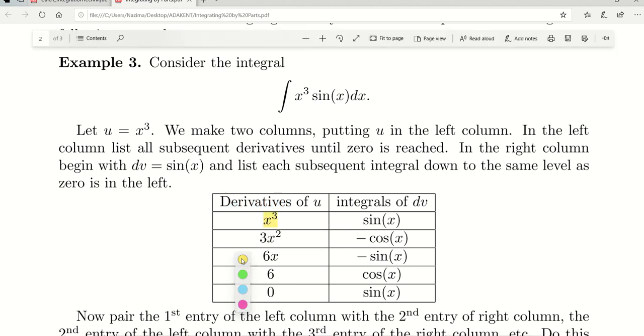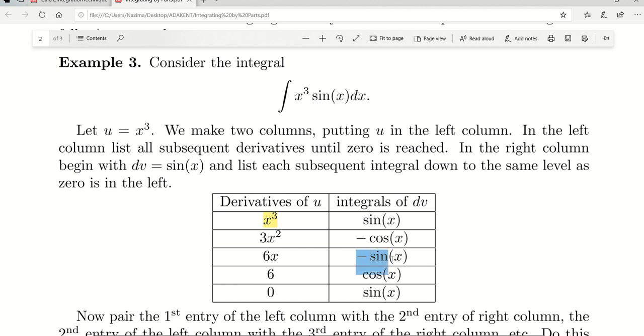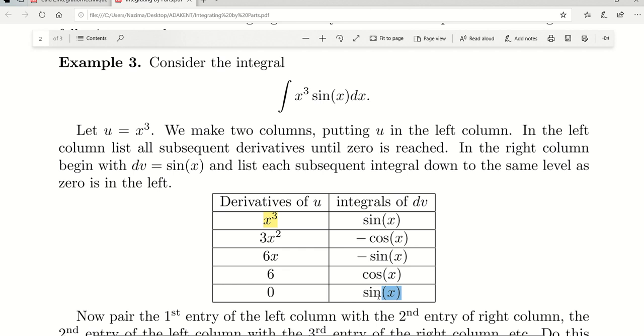This is the algebraic one, so we choose x to the power 3, and for the rest we take the integral of sinus x dx. Sinus x dx integrates to minus cosinus x. So again we take the integral of minus cosinus x and we get minus sinus x. We take one more integral of minus sinus x, we get cosinus x. One more integral of cosinus x, we get sinus x.